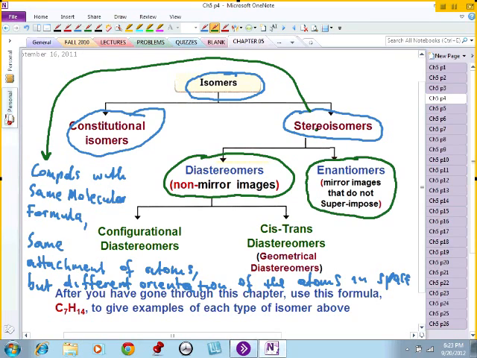In the case of the enantiomers, these are mirror images that do not superimpose on each other. Then we have what we call configurational diastereomers. And finally, we have what we call cis-trans diastereomers.